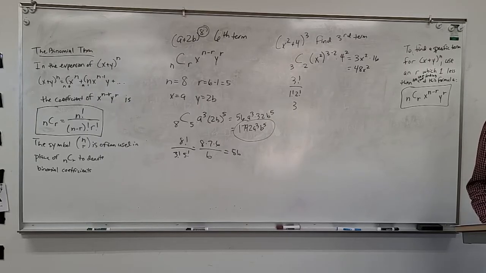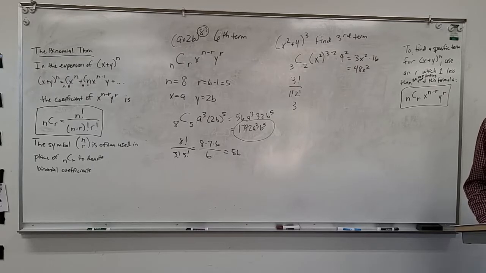it's always the r plus 1th term, and so in this case here, how do we know that r is 5? Everybody know?